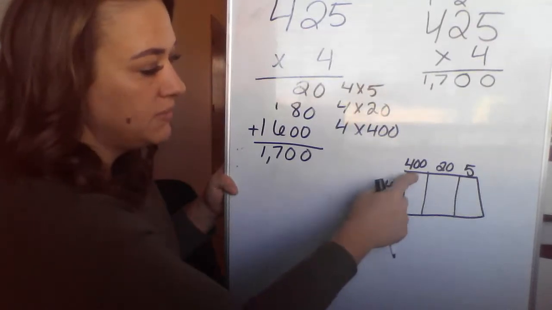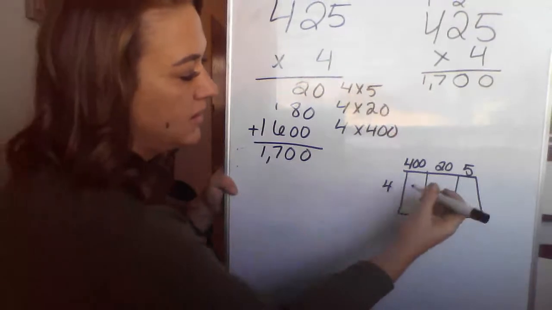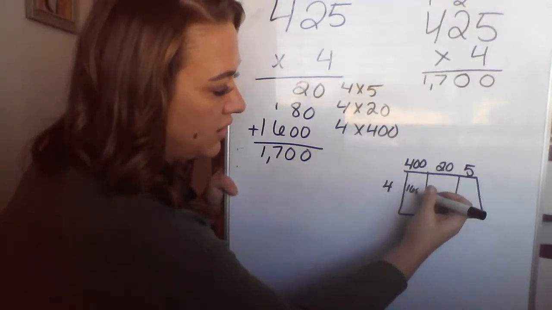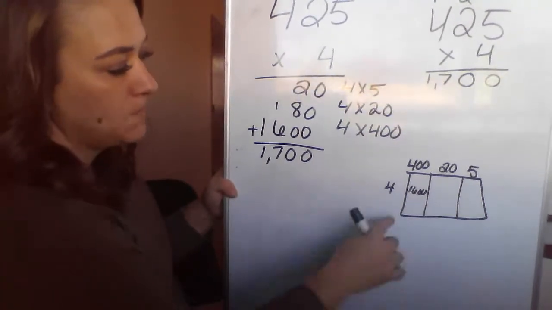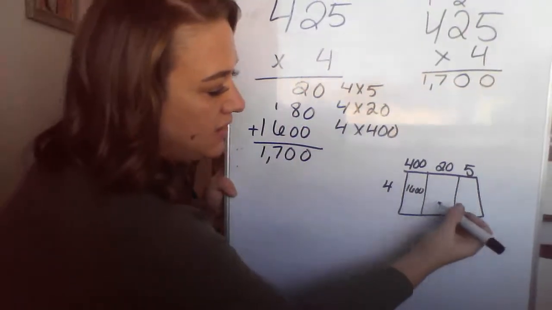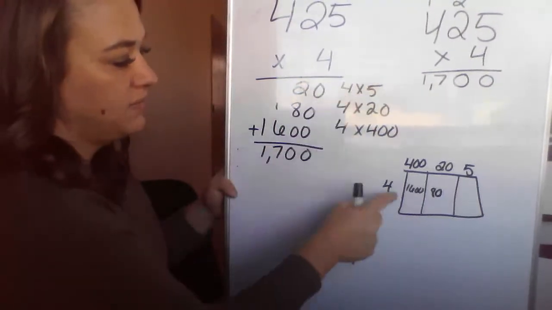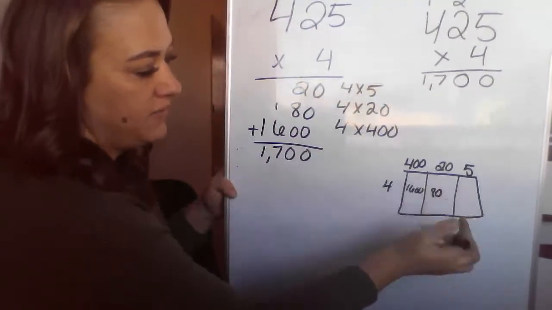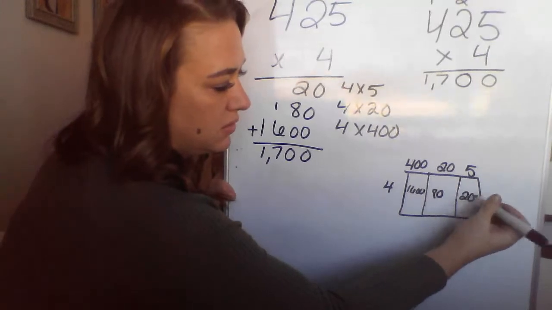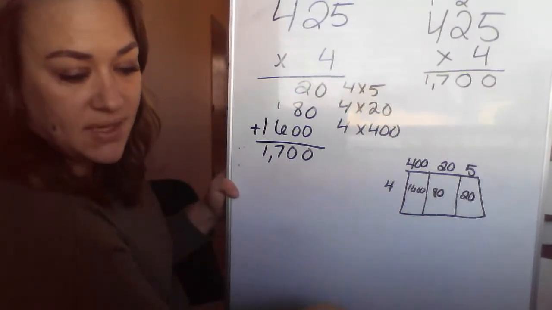So 4 times 400. 4 times 4, we did that already. We know that's 1,600. 4 times 20 gave us 80. 4 times 5. And then we add all those together.